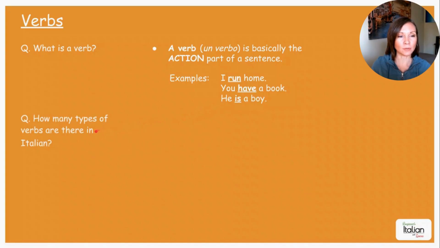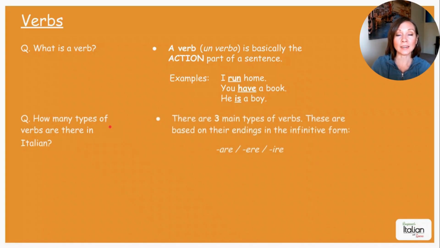How many types of verbs are there in Italian? There are three main types of verbs. These are based on their endings in the infinitive form. So we have ARE verbs, ERE verbs, and IRE verbs. For example, an ARE verb would be andare, to go. Andare. You can see the ARE ending here.